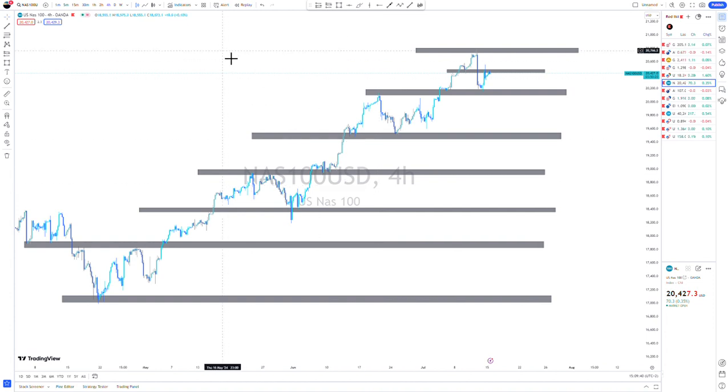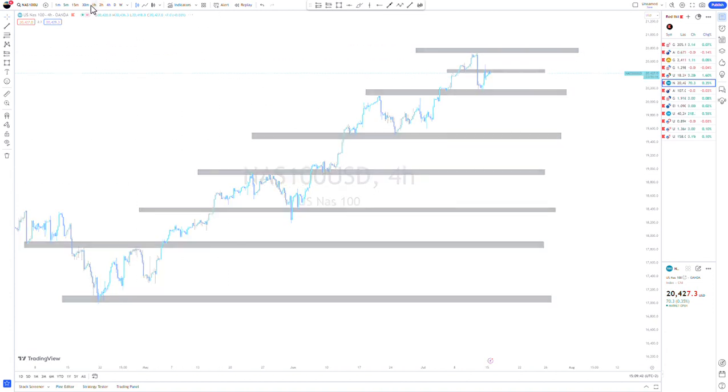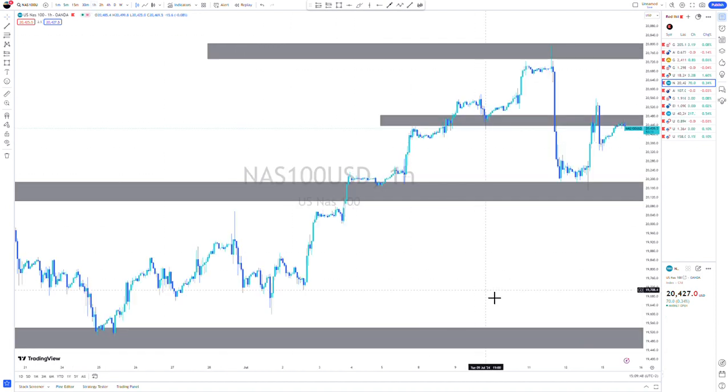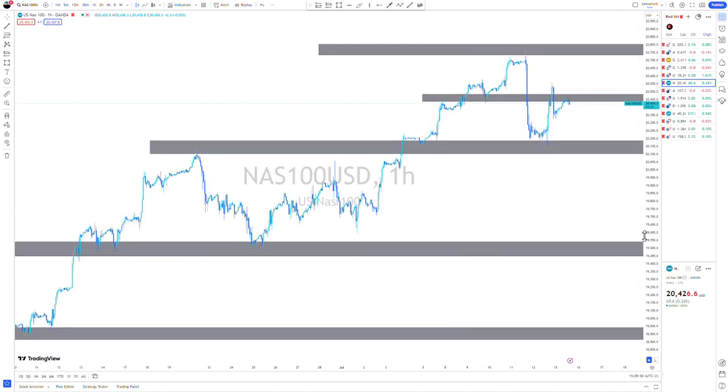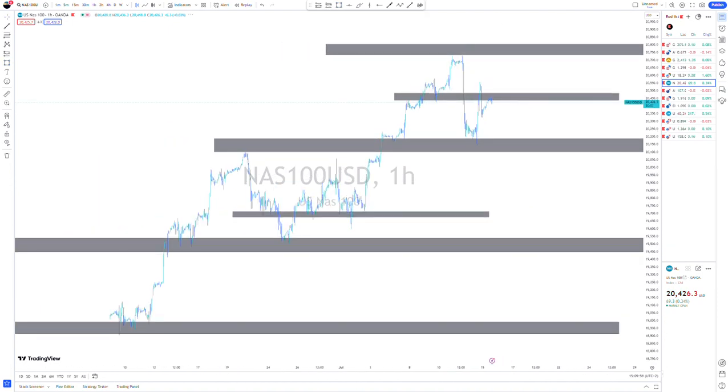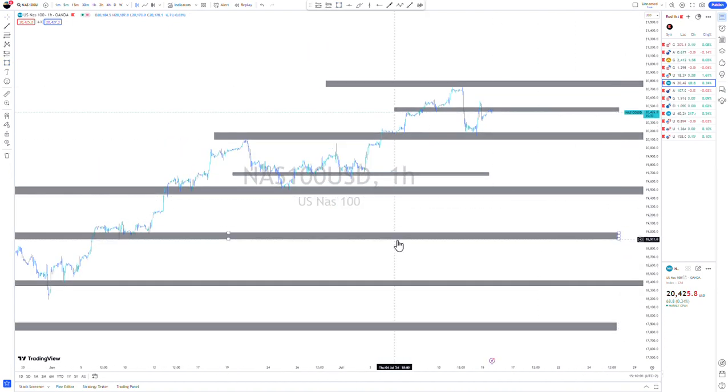Let me just go to 1 hour, because on 1 hour is where I see things more clearly, see the behavior of this, and then I have to mark more levels again. You see, I have to mark more levels, and if I mark that level right there, it's perfect, and I'm cool.